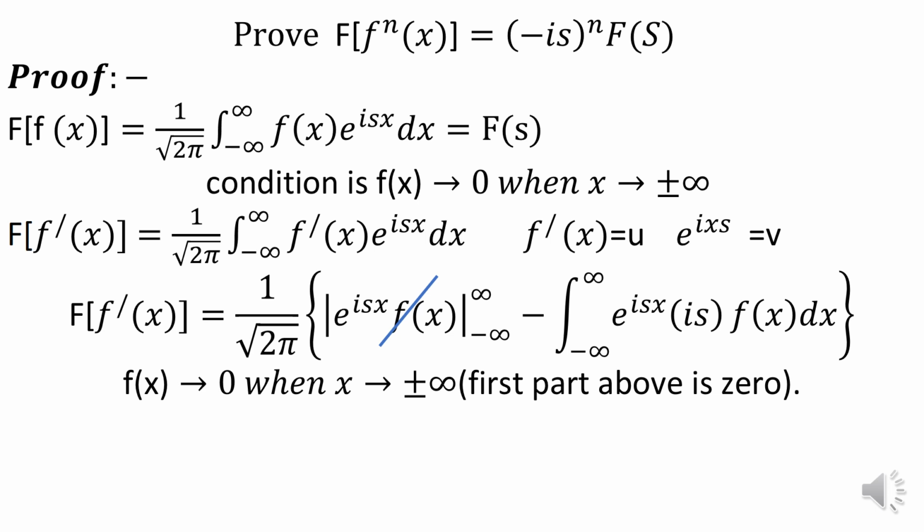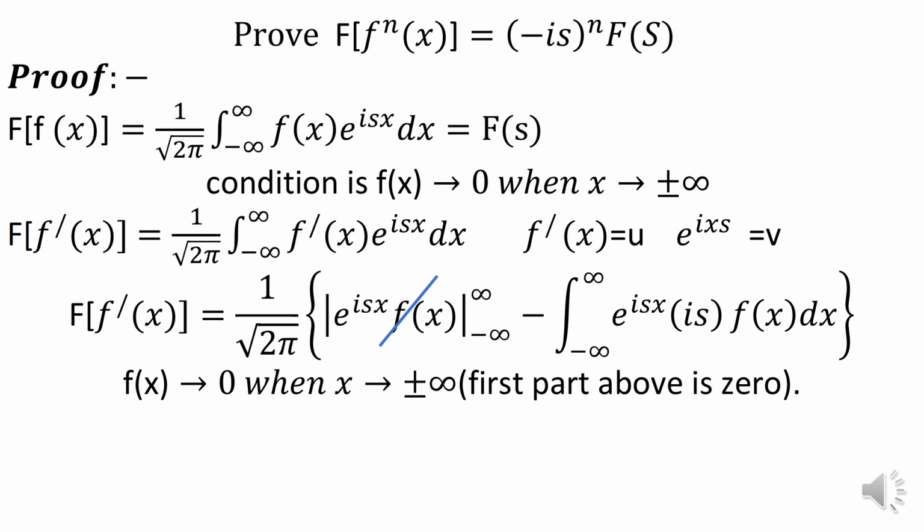So the Fourier transform of f dash x will be 1 by root 2 pi, applying the uv formula: e to the power iota s x times the integral of f dash x, which is f(x), evaluated from minus infinity to plus infinity, minus the integral from minus infinity to plus infinity of the derivative of e to the power iota s x, which is iota s e to the power iota s x, and the integration of f dash x, which is simply f(x).